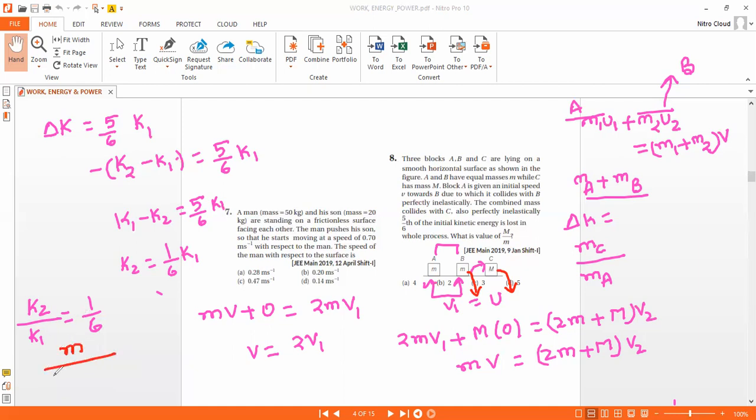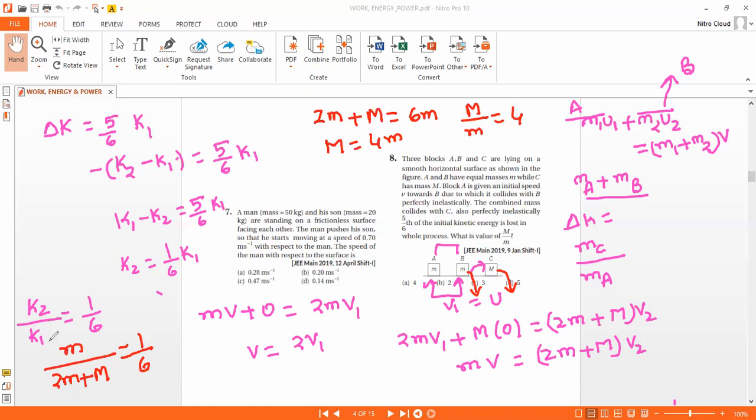M by 2m plus capital M is equal to 1 by 6. That is 2 small m plus capital M is equal to 6m. So capital M must be 4 small m. They are asking to find capital M by small m, so it must be 4.